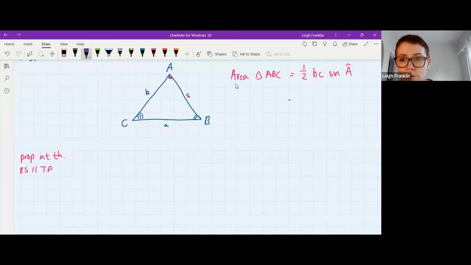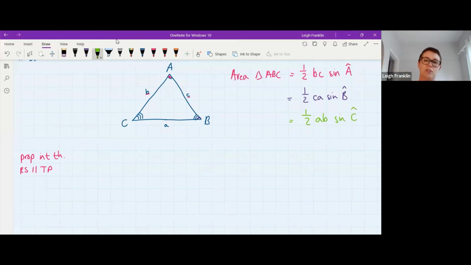I could also say half ca sine B, if I knew angle B. And the other way that I could use this is if I knew side a and b and I knew the size of angle C. So in other words, half ab sine C. It just depends on what information I have.